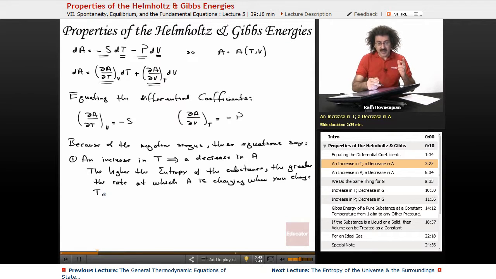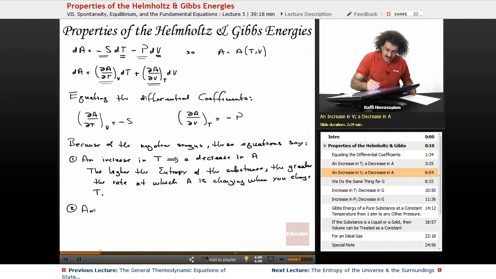Now, if my entropy was actually higher, if it was 100, then it's going to decrease by 100 joules for every degree Kelvin. That's what this means. The higher S is, the faster something is going to drop, because of the negative sign. That's all this is saying. Okay.